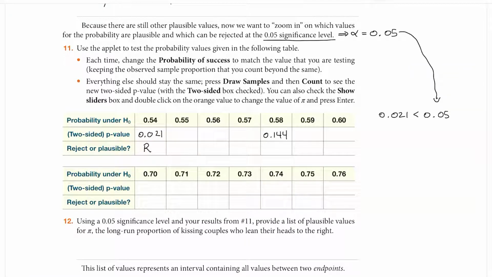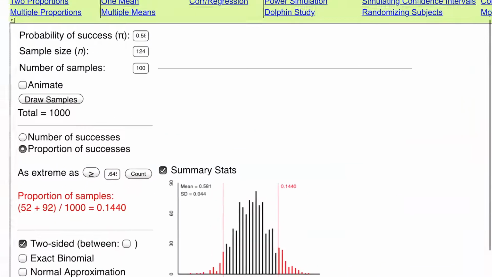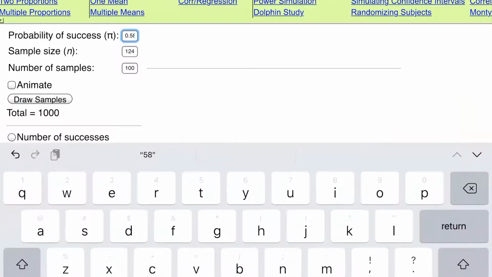And now I got a p-value of 0.144, so I'm going to put in 0.144 in my two-sided p-value box, and now again I'm going to compare 0.144 to 0.05, and 0.144 is bigger than 0.05, therefore 0.58 is a plausible value for the parameter. The parameter could be 0.58.